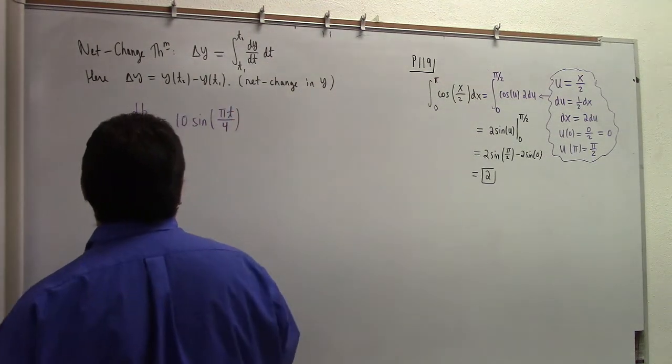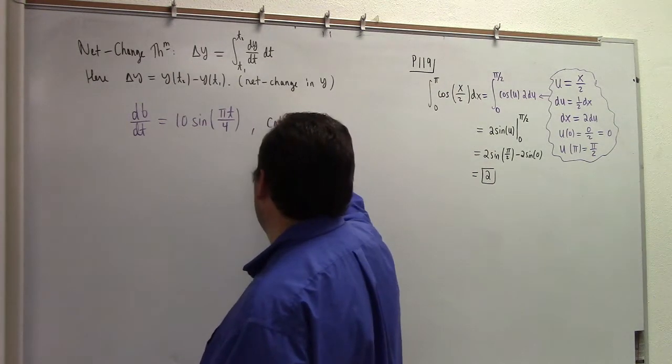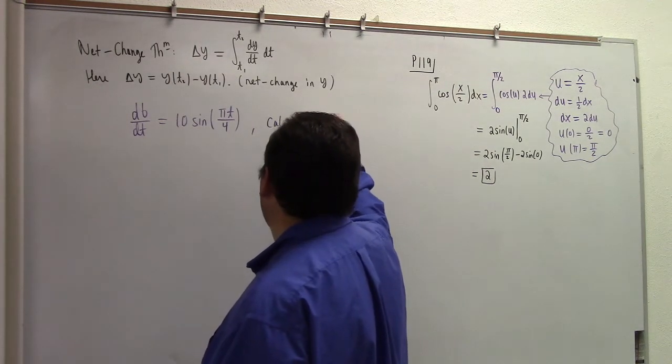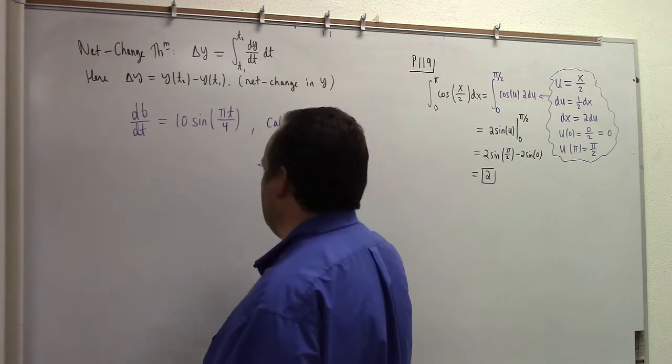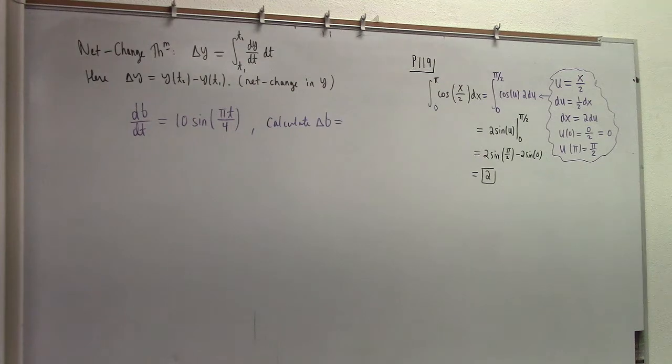The question is to calculate the number of barks, which you could say is the change in the total number of barks, from time 0 to time 2.